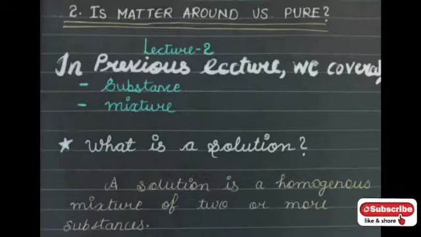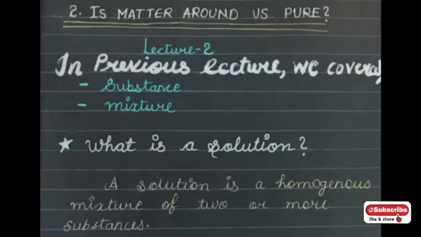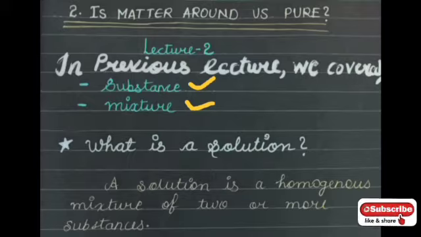Before starting this lecture, let me revise what we have done in lecture 1 of this chapter. In the previous lecture we covered the topics called substance and mixture. Two types of substances we have studied. Maybe it is a pure substance or with some mixture.